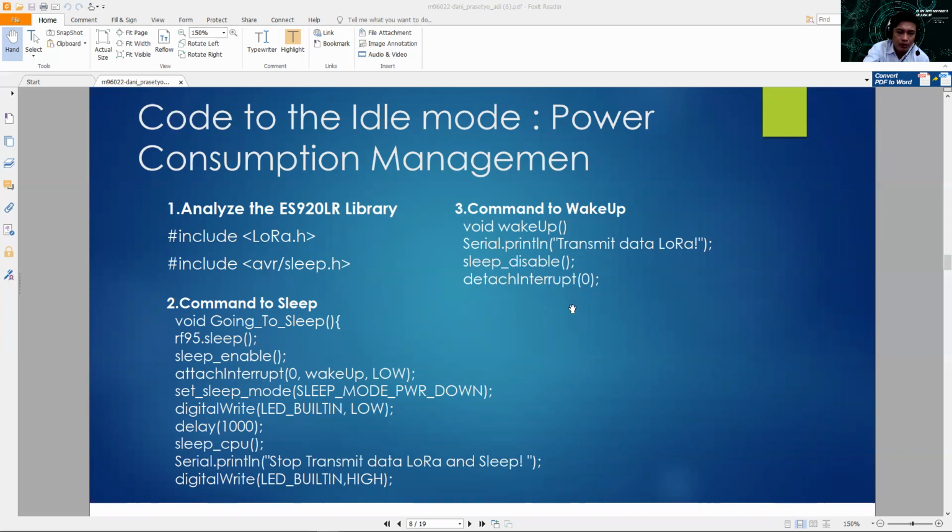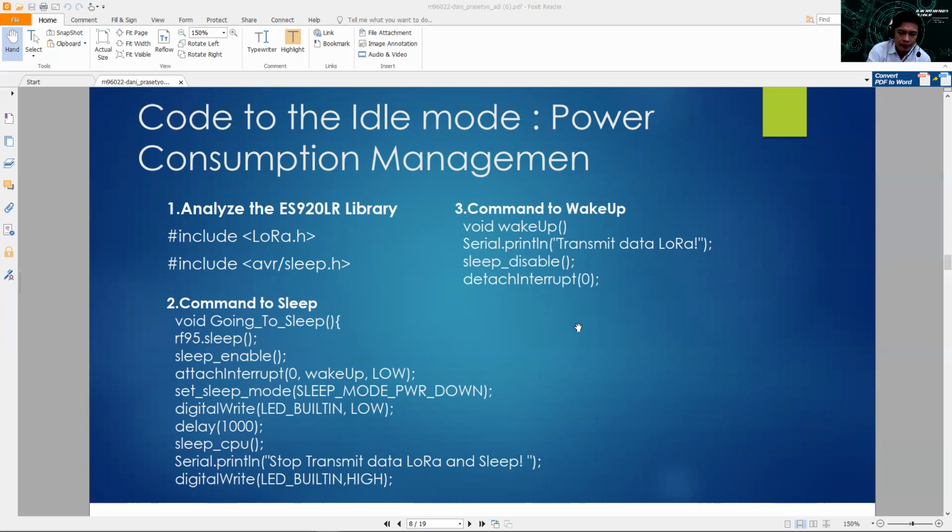Number one is the library. The first is we use a library, include LoRa and the sleep library. Number two is the command to sleep. This is sleep while it stops transmitting data and wake up while it transmits data.